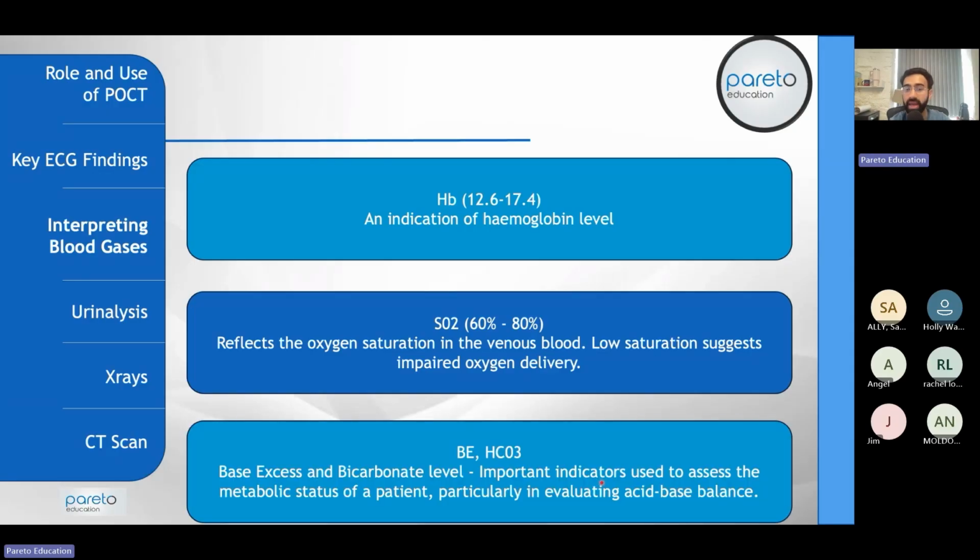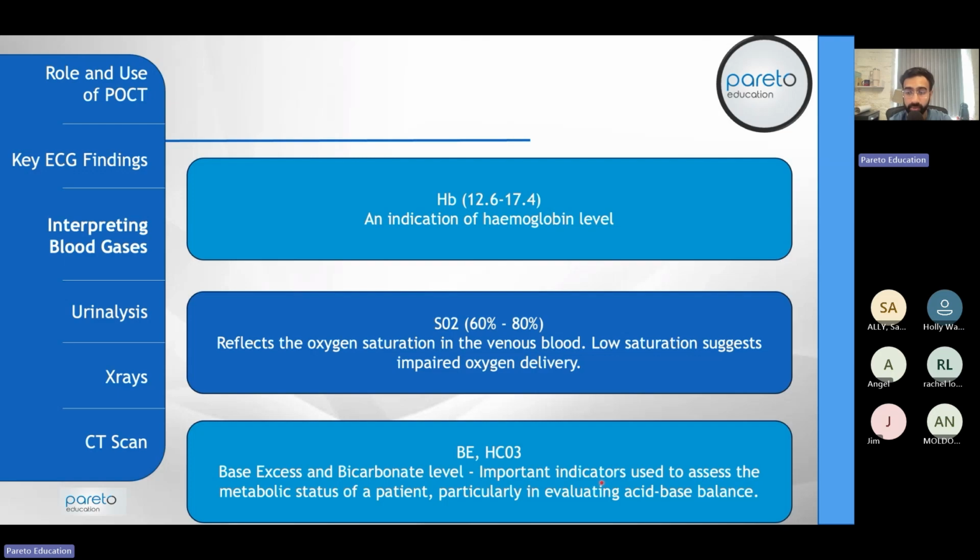And then we've also got base excess and bicarb. Bicarb is really important because bicarb tells us the metabolic status of a patient, particularly when it comes to compensation. So I know that's a lot.